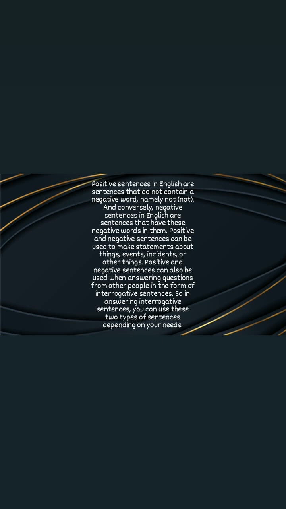They can also be used when answering questions from other people in the form of interrogative sentences. So, in answering interrogative sentences, you can use these two types of sentences depending on your needs.